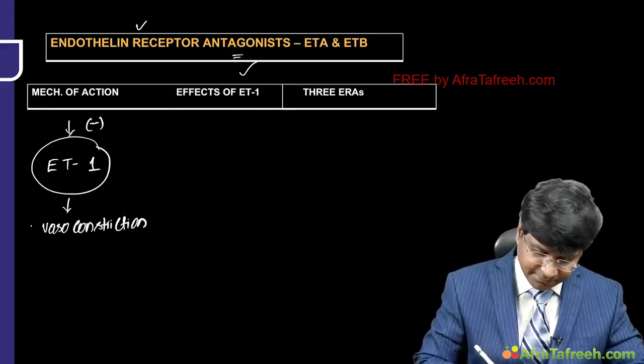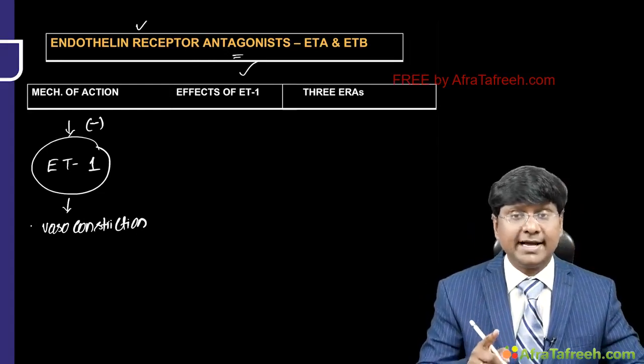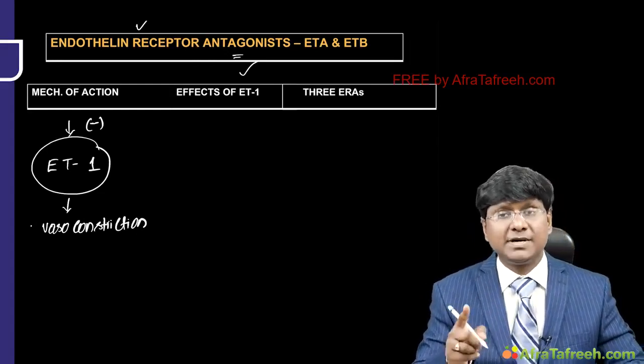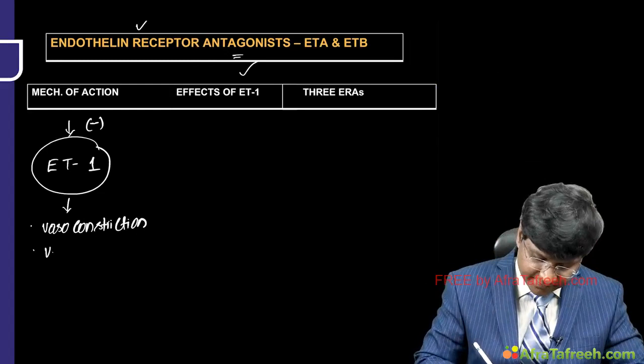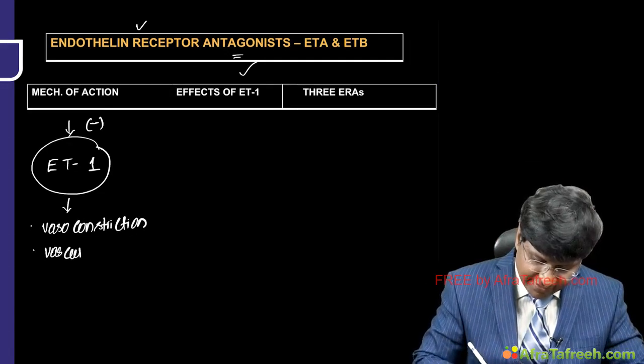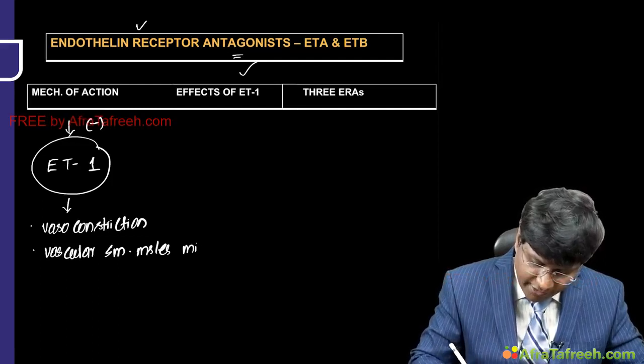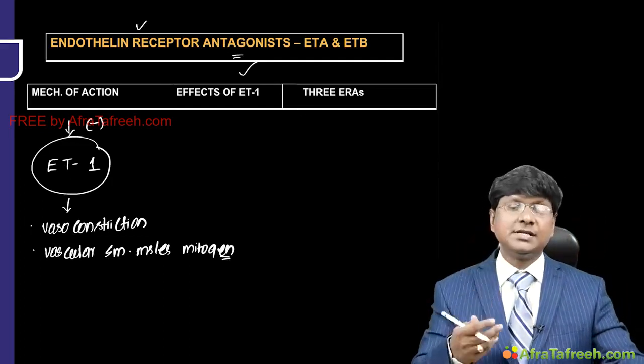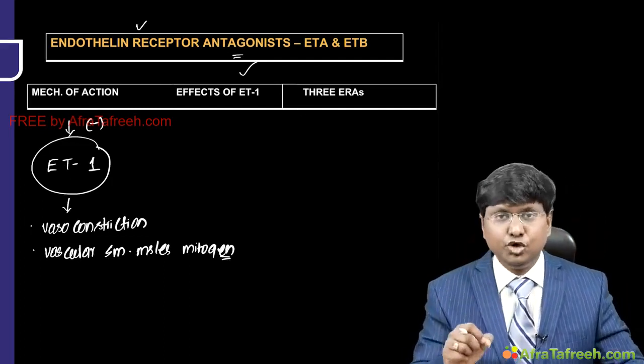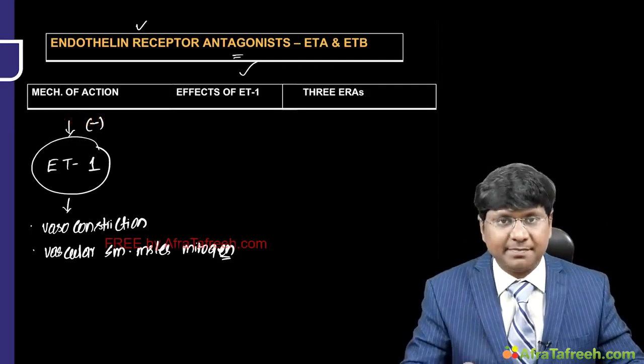And endothelin 1 also has vascular smooth muscle mitogenic activity. By having this activity, it increases the proliferation of the vascular smooth muscles and thereby decreases the vascular lumen, increasing the pulmonary artery pressure.